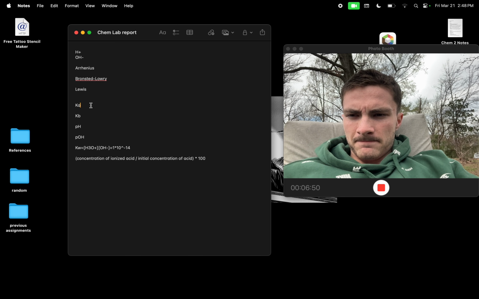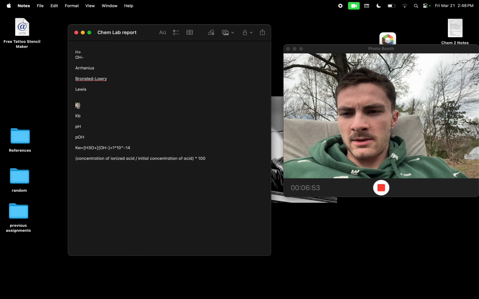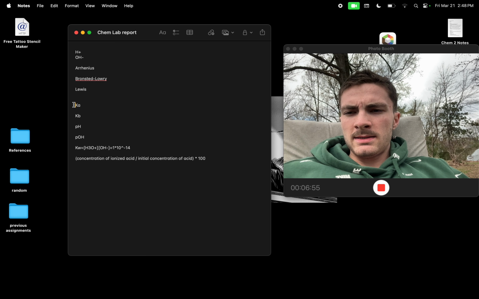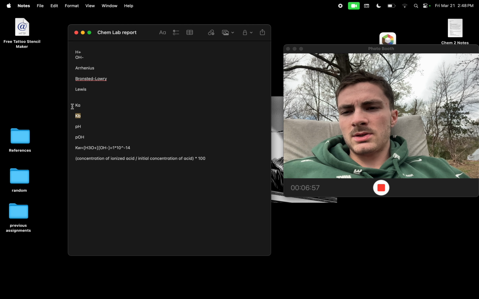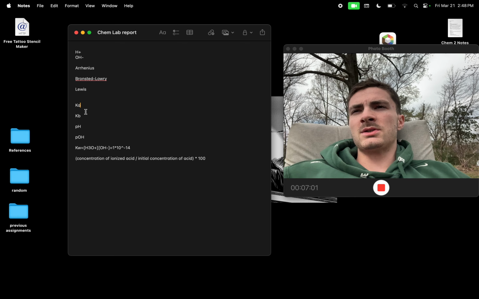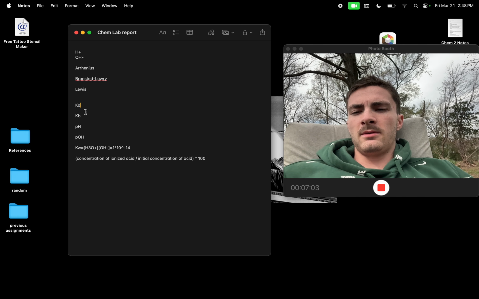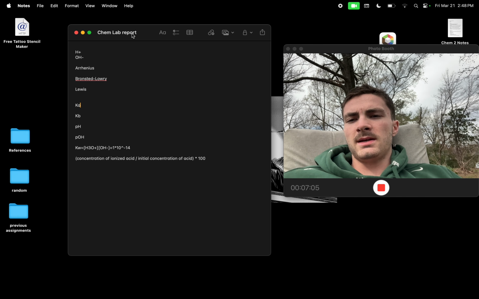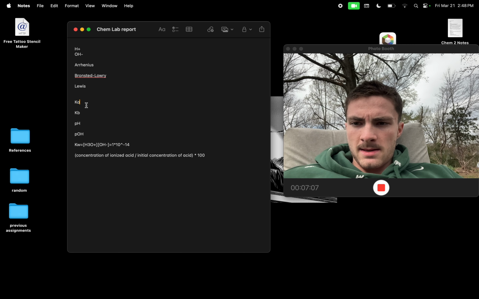So what we have right here, I wrote it down, Ka and Kb. This is just another way of measuring the official intensity at which certain substances will dissociate into their constituent parts.